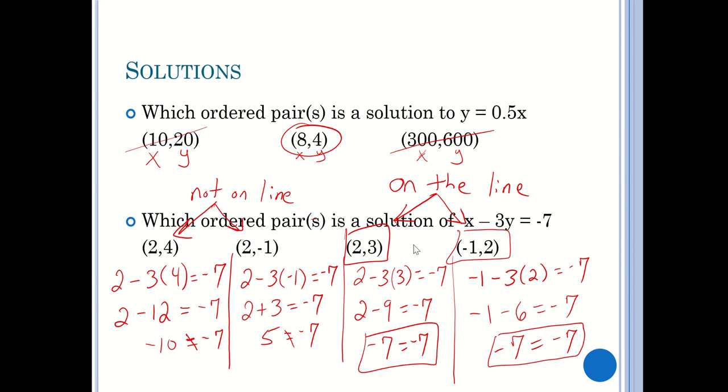So if you wanted to, you could graph this line now. You would plot (2, 3), you would plot (-1, 2), connect those 2 dots, and that is your line. And you would notice that (2, 4) and (2, -1) are not on that line, which makes sense because when this line passes through x equals 2, it's at (2, 3). It's not at (2, -1), and it's not at (2, 4).